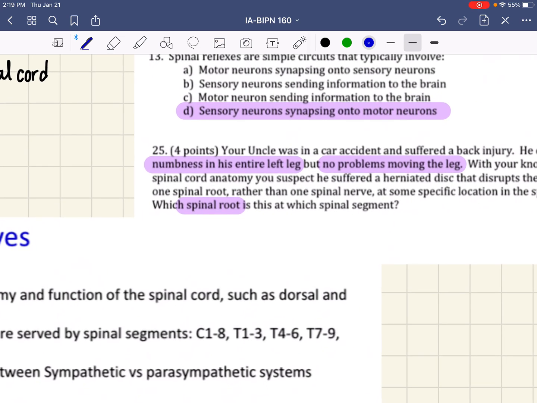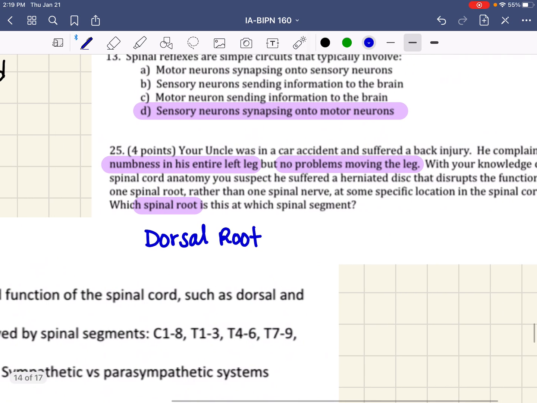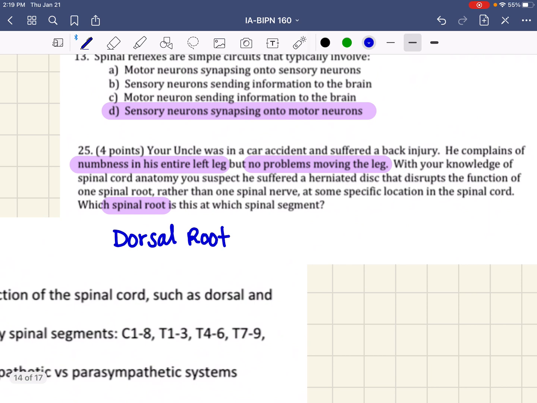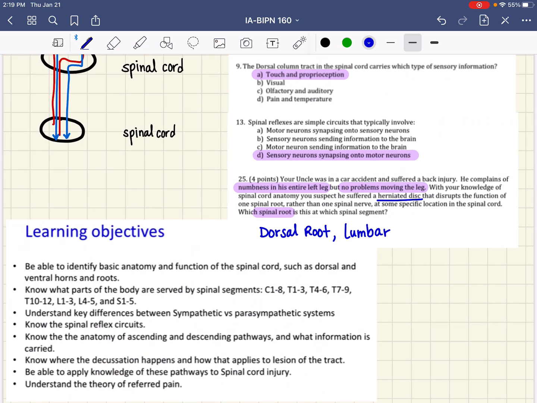Because he has numbness, then this will be the dorsal root, because dorsal root has to do with the sensory information. At which spinal segment? Does this say herniated disc? Yeah, I think Dr. Root said that there's a problem with this question because herniated discs don't really just numb your whole leg, but let's just say it did. So we will just say lumbar, because lumbar injuries are usually affecting a bigger part of your leg.